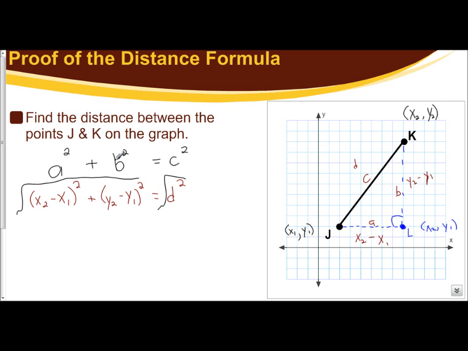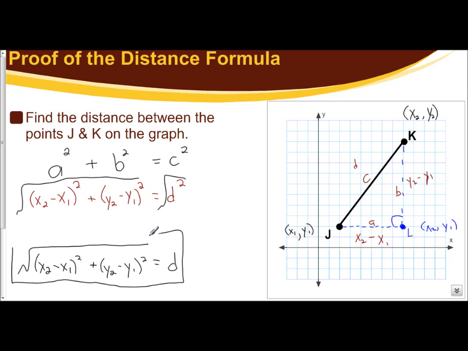And therefore, the square root of x2 minus x1 squared plus y2 minus y1 squared equals the square root of d squared, which is d. My distance formula is derived. Distance equals the square root of x2 minus x1 squared plus y2 minus y1 squared.